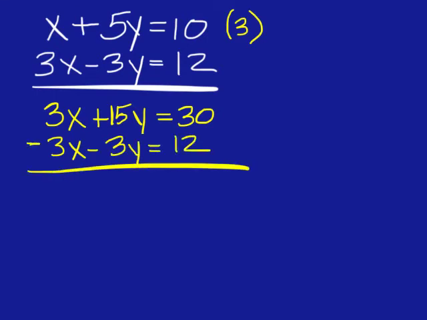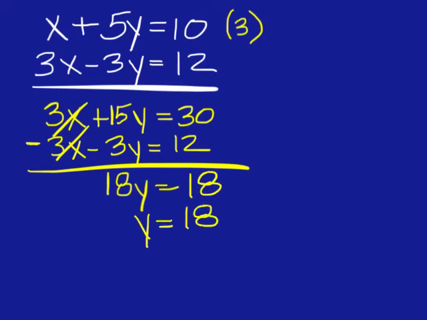3x and 3x, subtract. Those go to 0. 15 minus negative 3 is 18. And then 30 minus 12 is 18. Divide, and the answer is 1 for y.